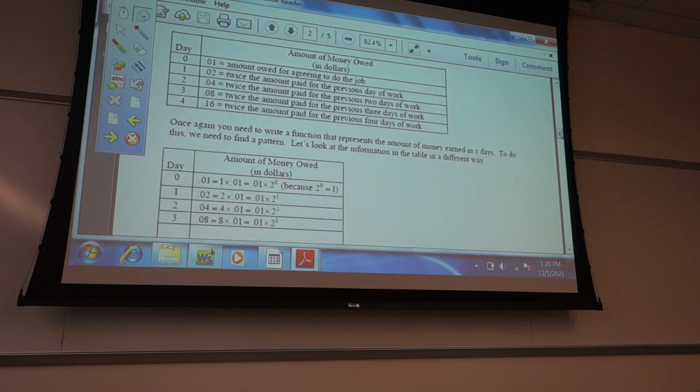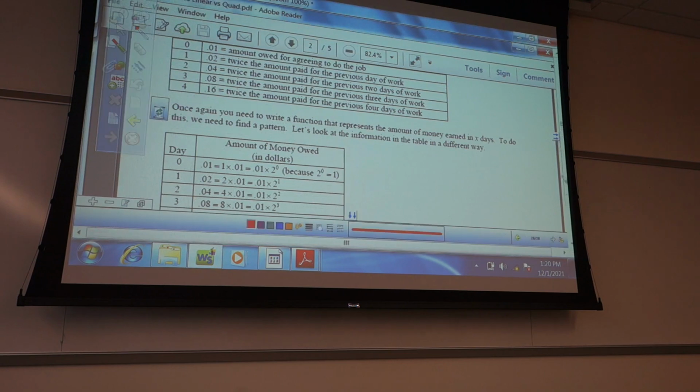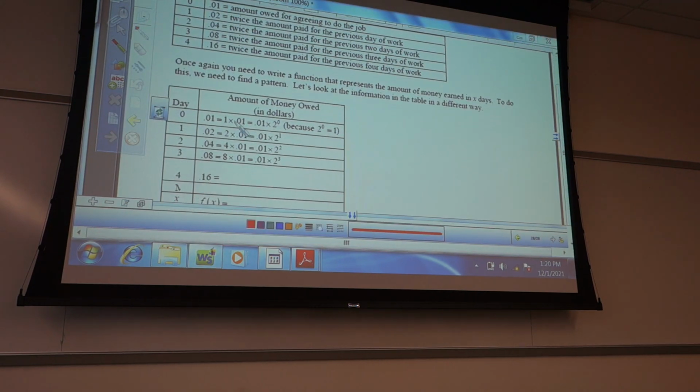So what happens? What do we get? Well, let's see. You're going to double it each time. So on day 0, you get 1 cent. The next day, you get the 1 cent doubled, so you multiply it by 2 to the 1 power. So again, 1 here, 1 there. 0 here, 0 there.